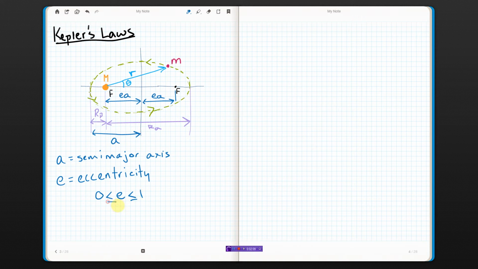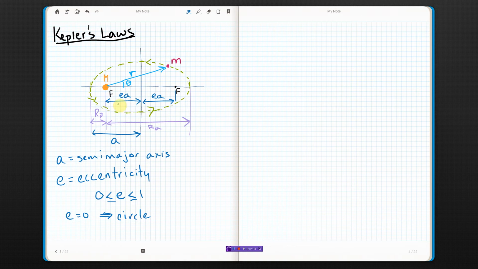I guess it could be equal to. So when eccentricity is 0, what we're saying is the distance from the center to the focus is 0 times A, so 0. That means the focus is at the middle. Basically, that means both foci are in the middle, and what you have is a circle. Okay, so if E were to equal 0, then that would be a circle.